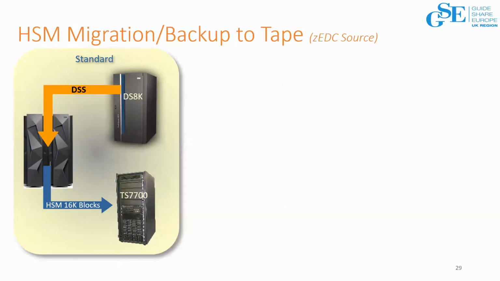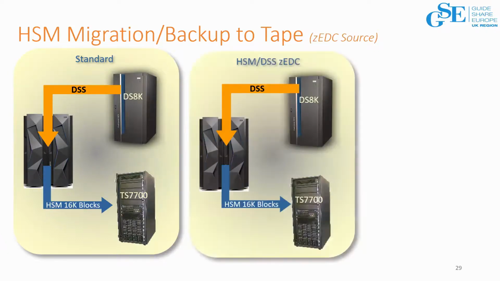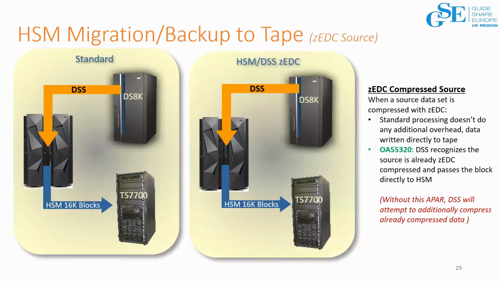Finally, with migration and backup to tape, when the source is already compressed, standard processing doesn't have any additional overhead added. And with zEDC, DSS again recognizes that the source is already zEDC compressed, and passes that directly to HSM to write.